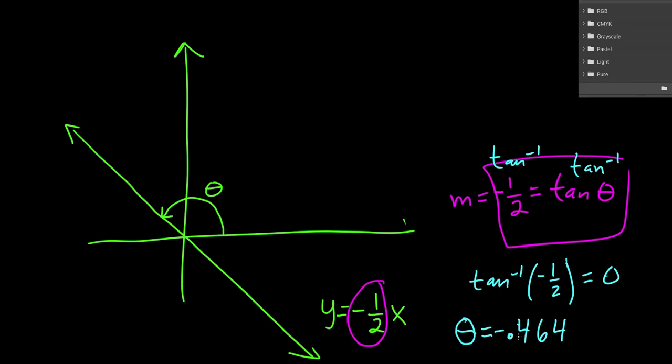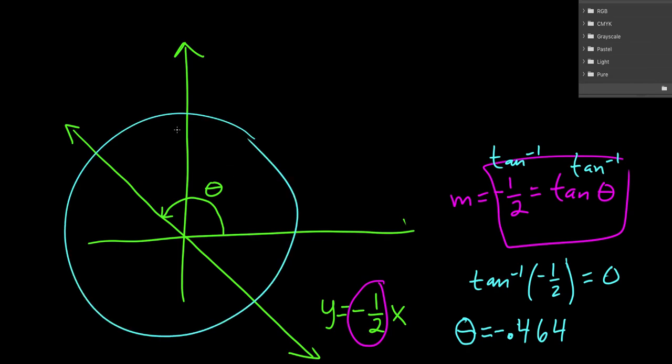Now, when we're doing this, we want to think of it like a unit circle, right? That's telling us the distance from here to here. We don't really care about that one, except we know the angle measurement from here to here, and from here to here. So this is pi, and if we do pi minus 0.464, we'll end up right here.